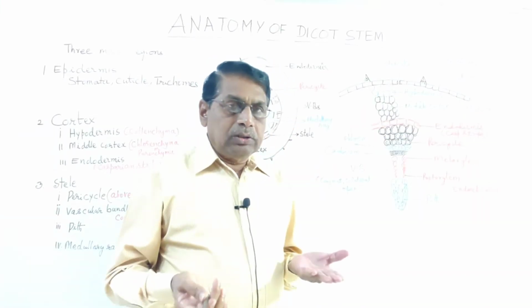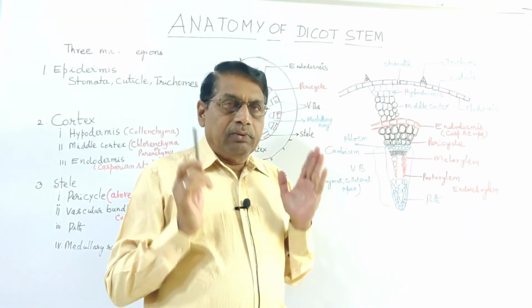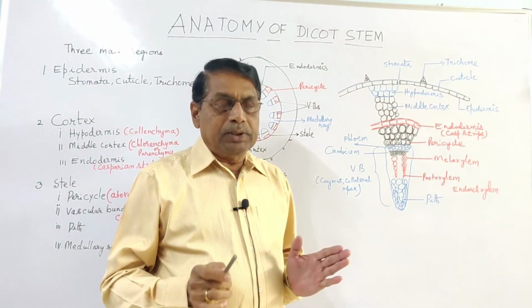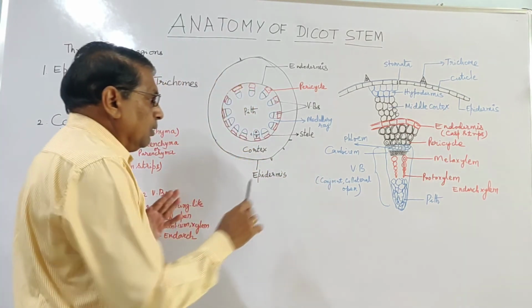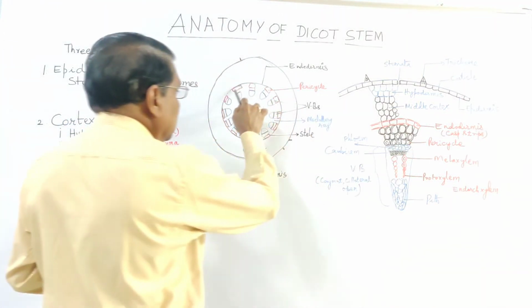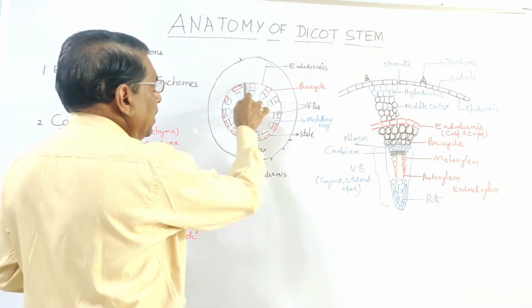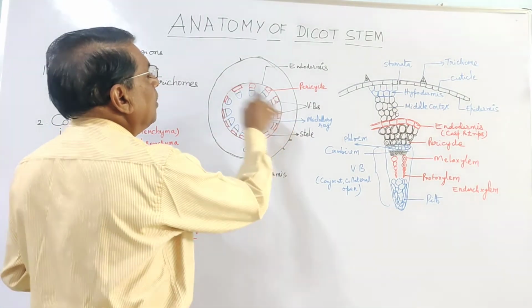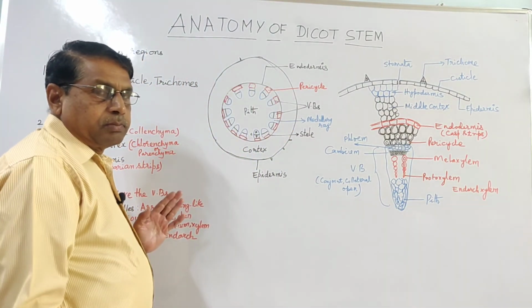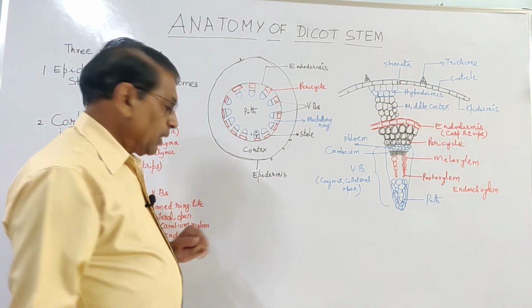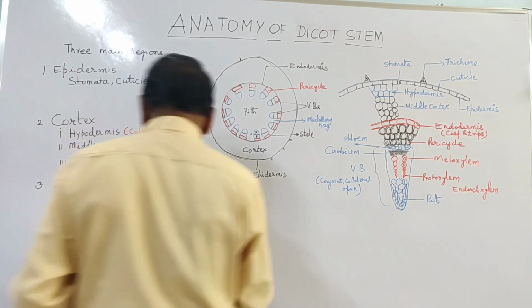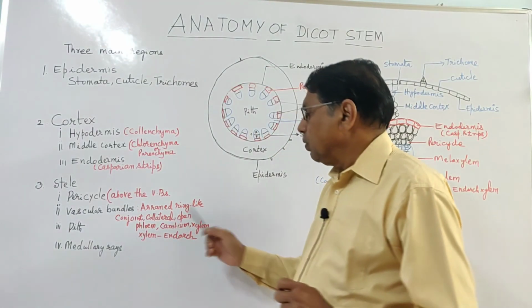Then stele: pericycle, vascular bundles, pith, medullary rays. The pericycle is found only above the vascular bundles. It is sclerenchymatous. Vascular bundles are conjoint collateral open.